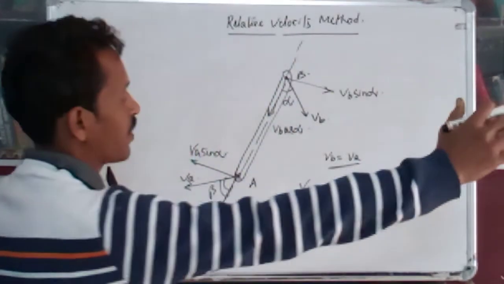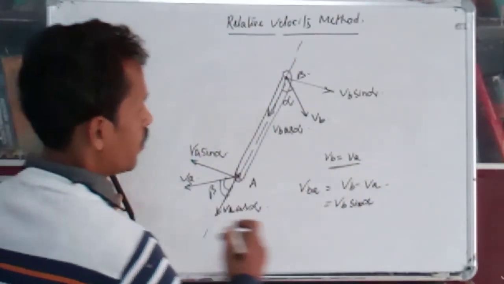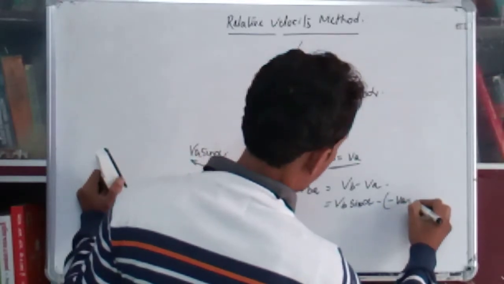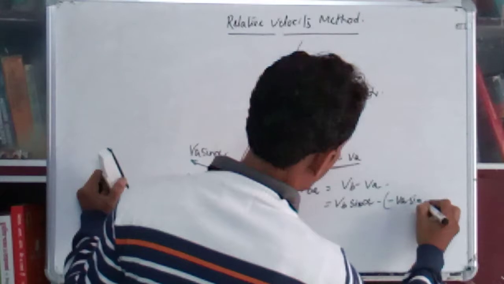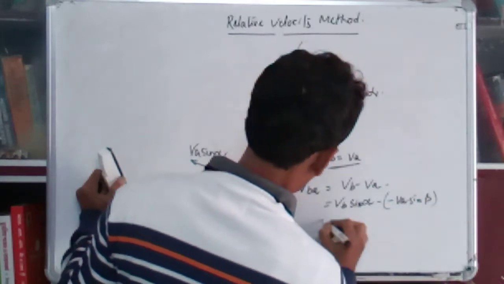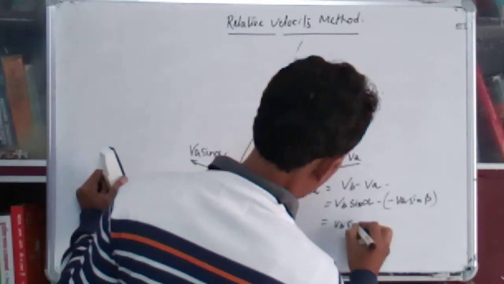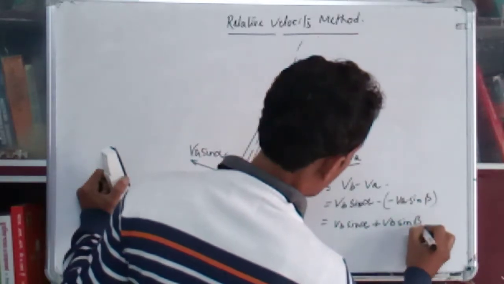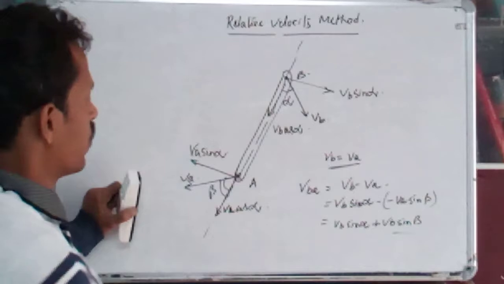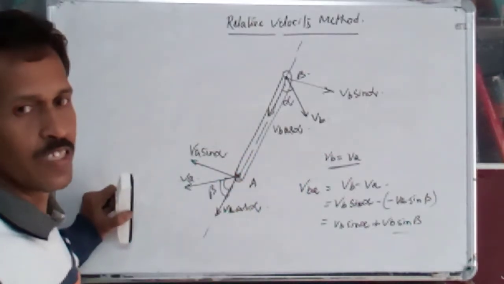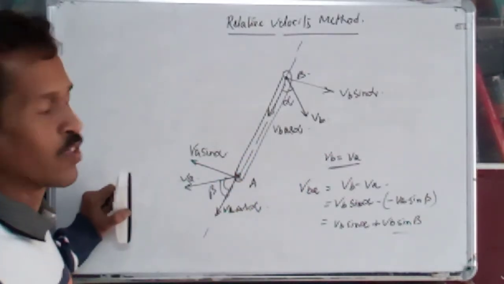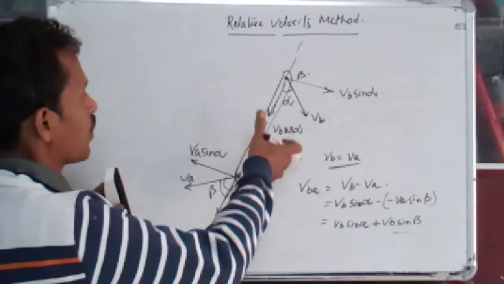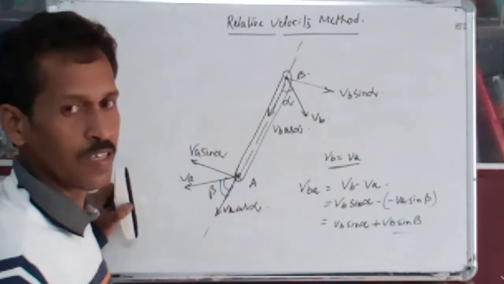If you consider one side is positive, another direction is negative, so that will be VA minus VA sine beta. So that will be VB sine alpha plus VB sine beta. In that case there will be some relative velocity, so due to the relative velocity there may be some rotation, clockwise or anti-clockwise.